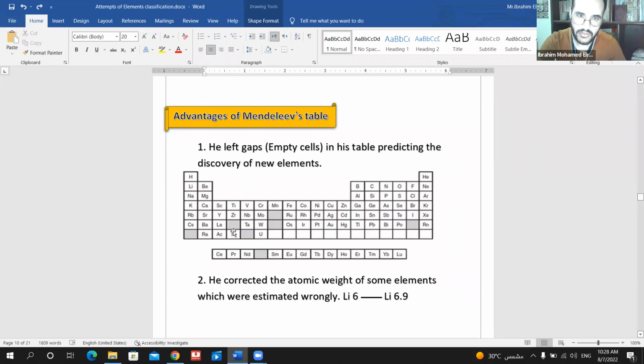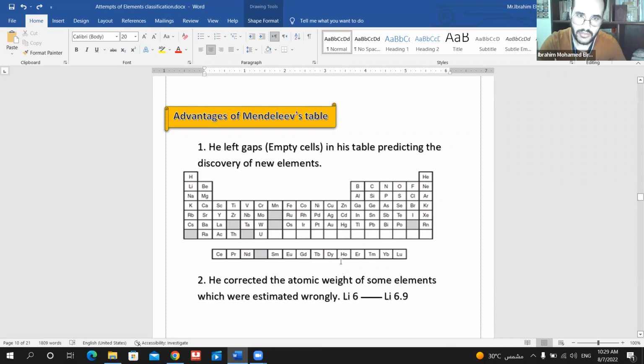So his prediction was quite correct, because he predicted that they were going to discover new elements, and that happened, of course. So the first advantage is that he left empty cells in his table, predicting the discovery of new elements. The second advantage is that he corrected some atomic weights.